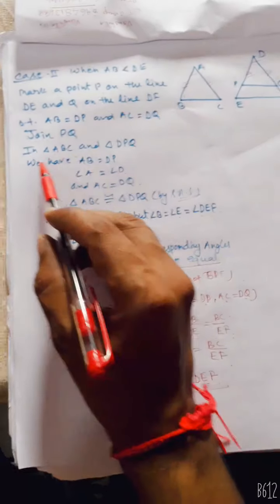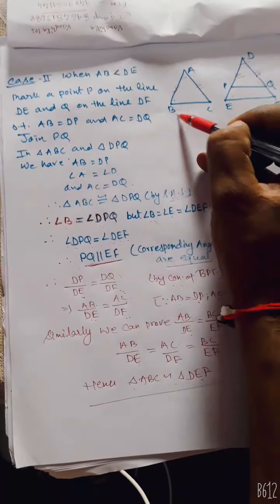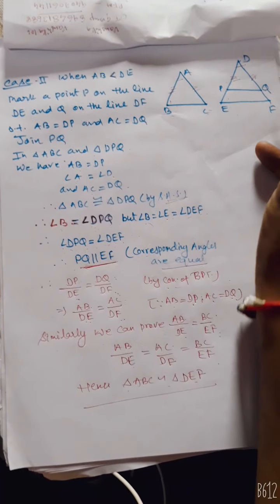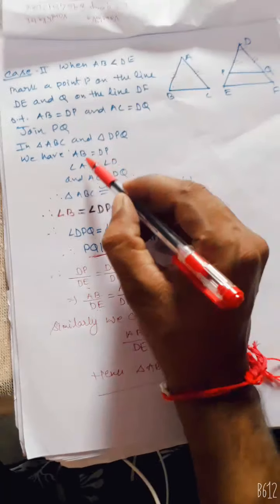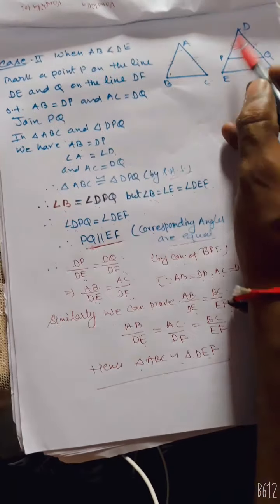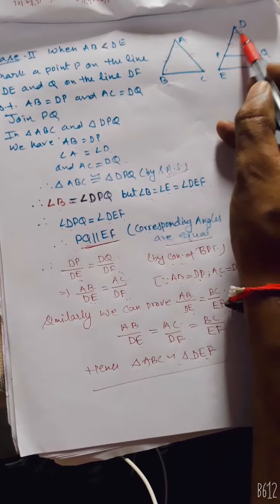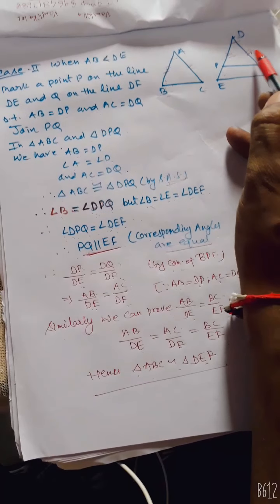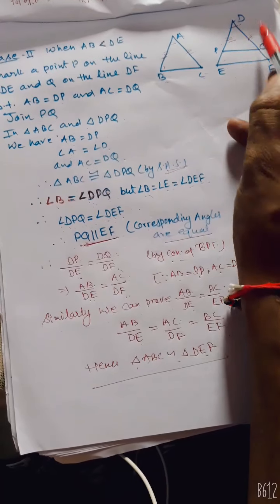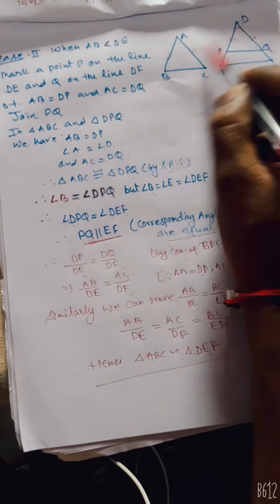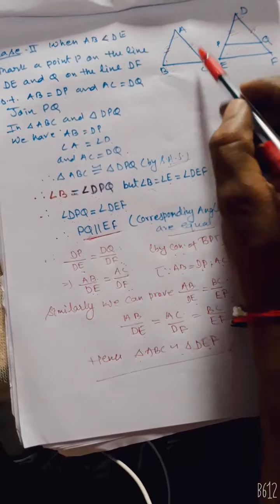So in triangles ABC and DPQ, we are going to show they are congruent to each other. AB equals DP, angle A equals angle D, AC equals DQ. So by side-angle-side, these two triangles are congruent to each other. Once they are congruent, their respective angles will be the same.